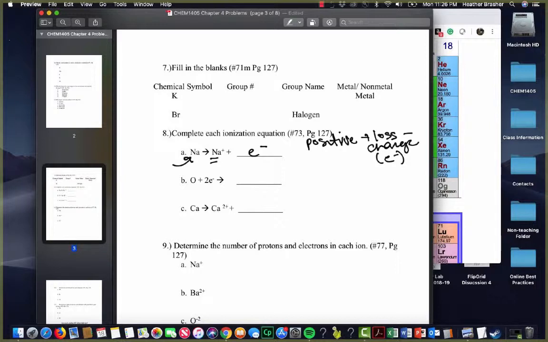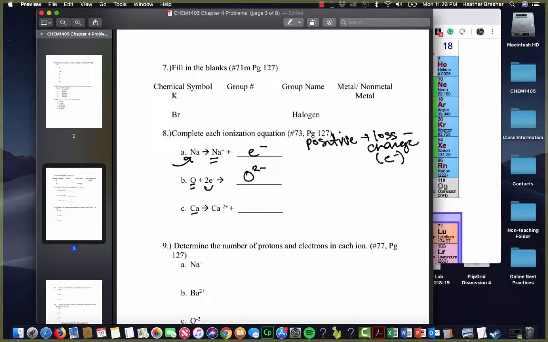Now in this case, we have oxygen, right? And he is neutral. And we're adding 2 electrons to him. So how we would write that is you would take your oxygen and you are adding 2 negative charges. So you add that to the top to basically tell everybody how many negatives you have there. And some things ionize and they give more than 1 electron away.